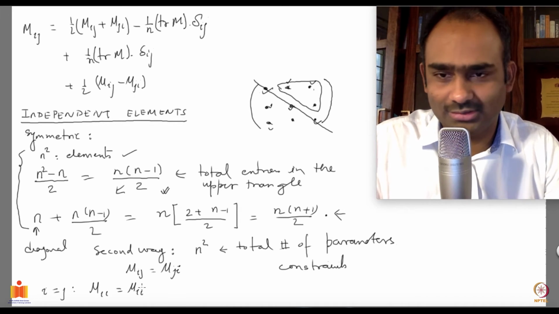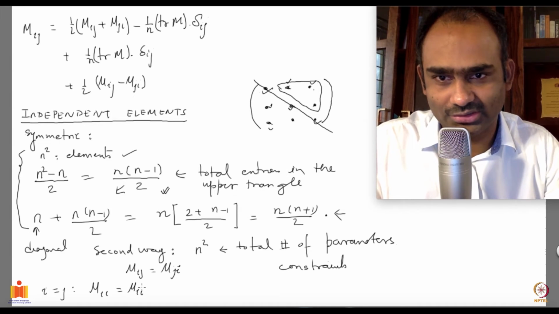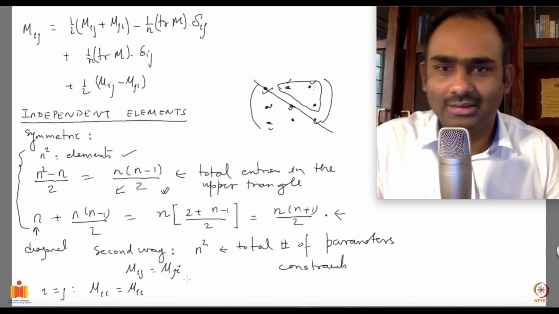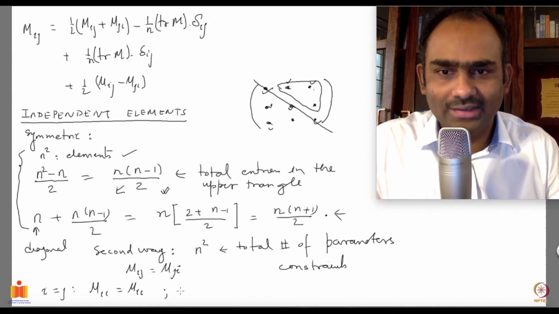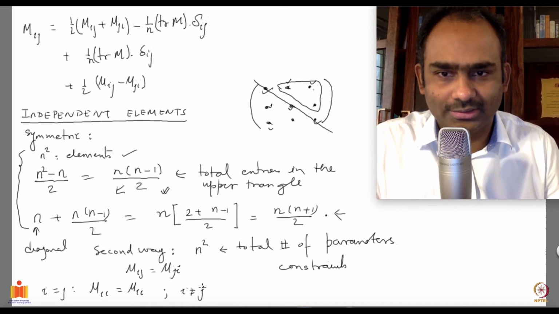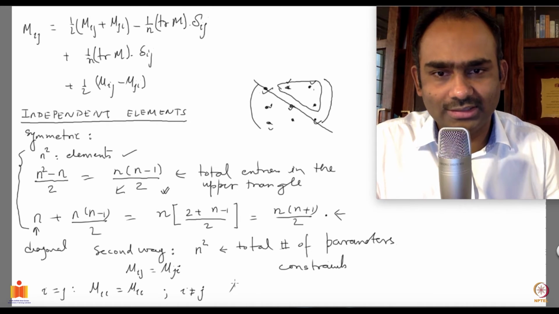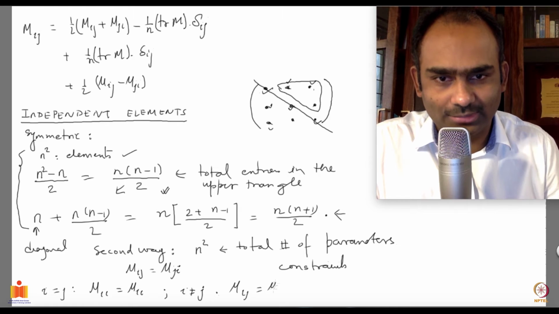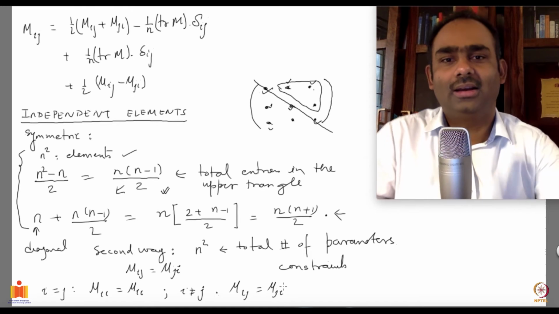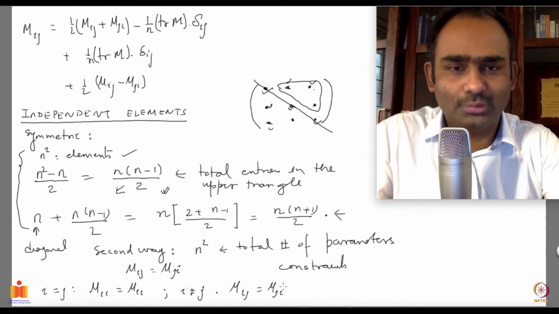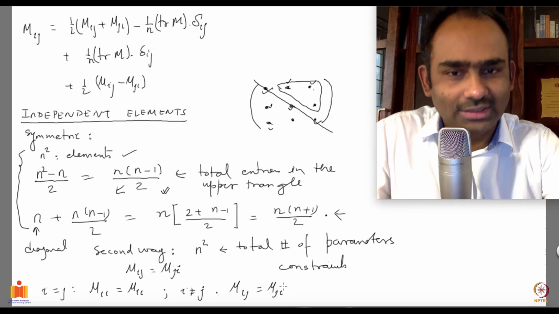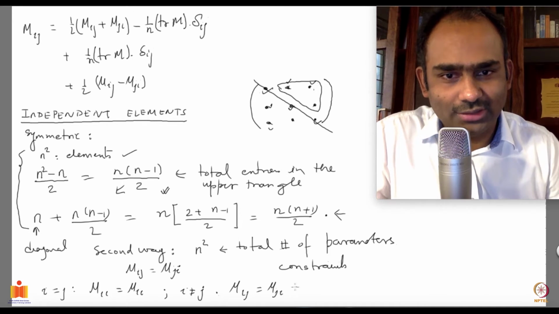That's saying nothing. That's not putting any constraints. So these don't give any constraints. And only when i is not equal to j you are going to get constraints. Okay, so when i is not equal to j, it says Mij equals Mji, which is, for example, M12 is M21. So that's a constraint.